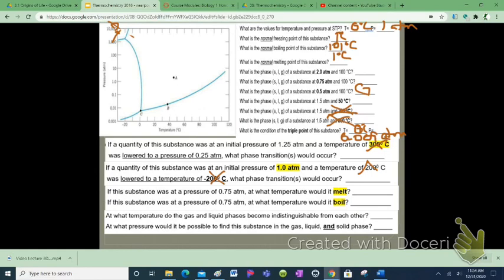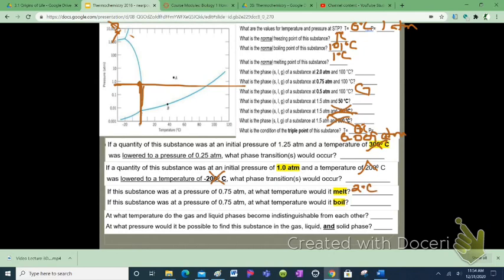Well, this is 0.1, 0.7 is a little bit higher, probably about there. So 0.75 melting would be a little over 0 degrees Celsius. So that would be about maybe 2 degrees Celsius.